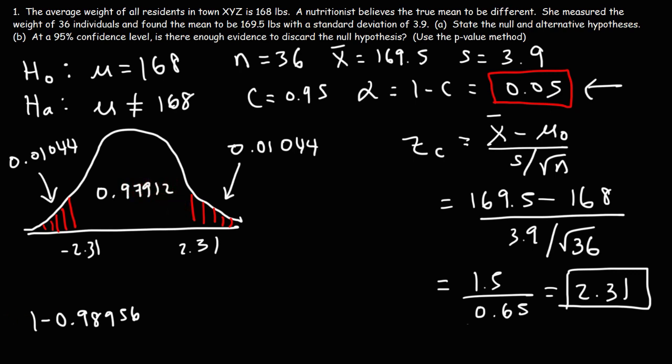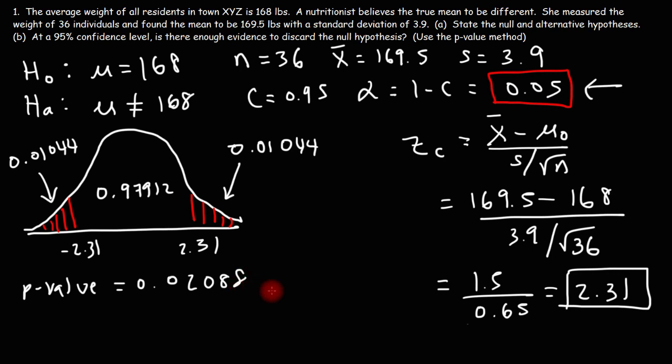Now the p-value is the sum of the area highlighted in red on the left side and the right side. So it's 0.01044 times 2. And so that's going to be 0.02088.